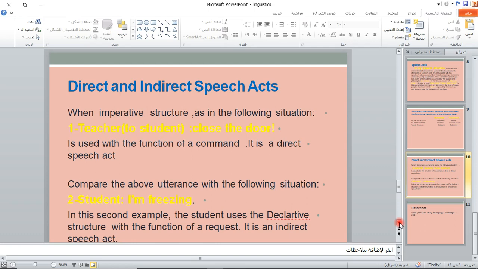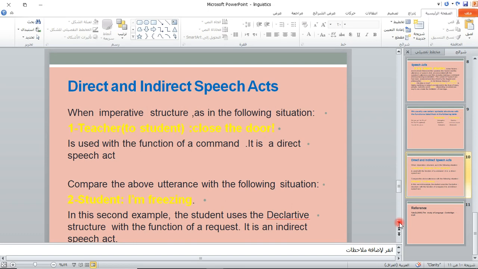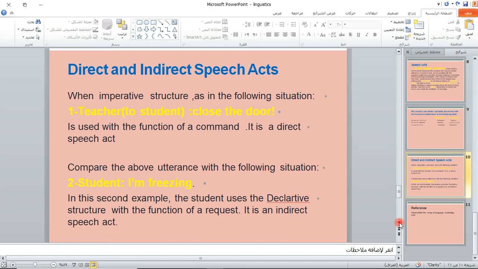It is a direct speech act. But compare the above utterance with the following situation. When the student says, "I'm freezing," in this second example, the student uses the declarative structure with the function of a request. It is an indirect speech act.